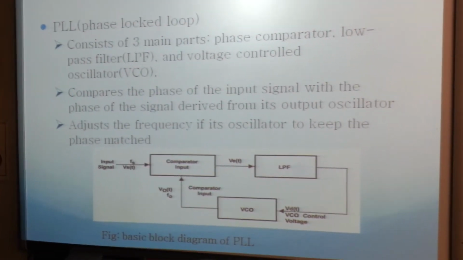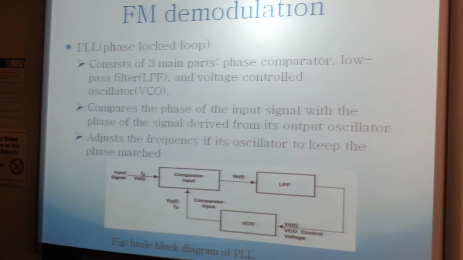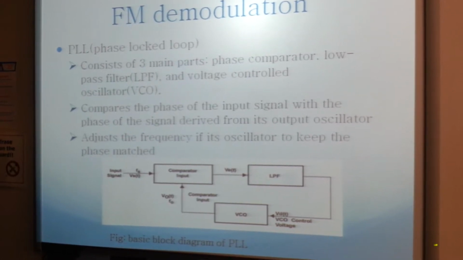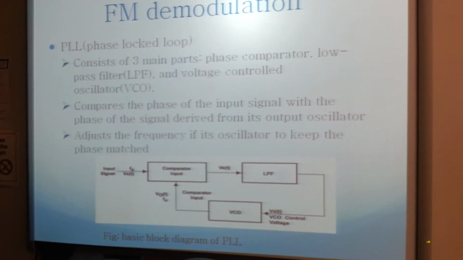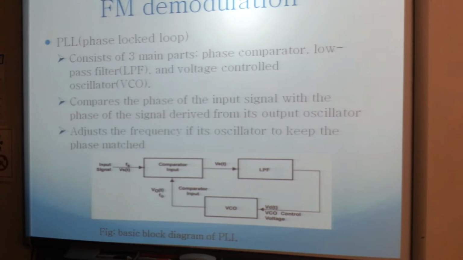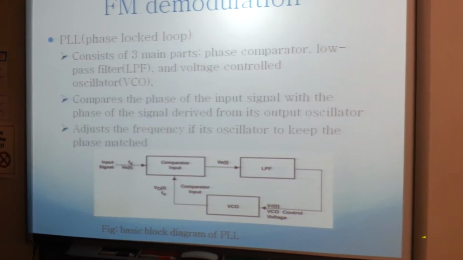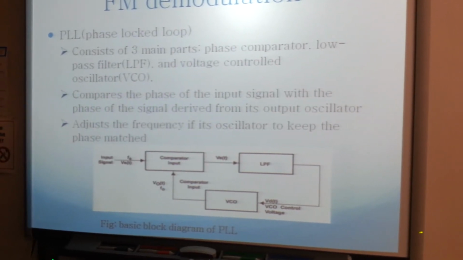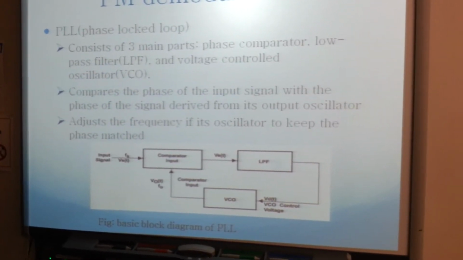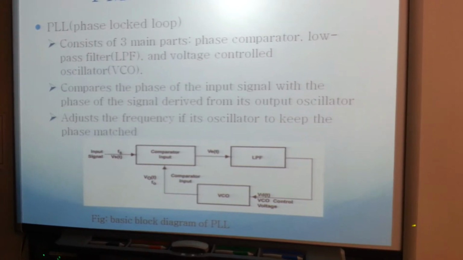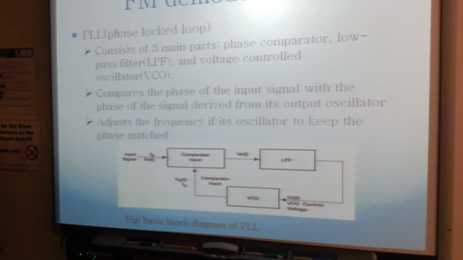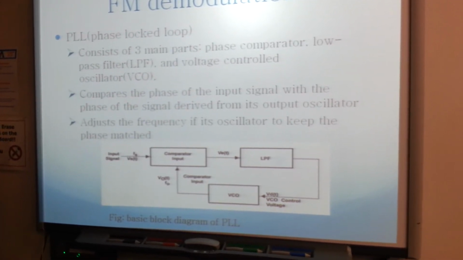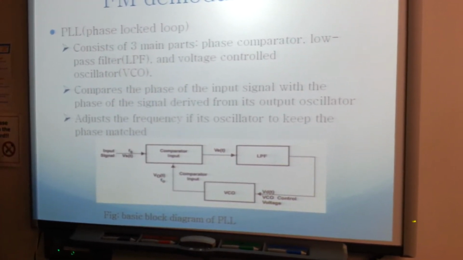The method we chose was PLL, which stands for phase locked loop, and this method consists of three main parts: phase comparator, low pass filter, and voltage controlled oscillator. Basically, the phase comparator compares the phase of the input signal with the phase of the signal derived from the output oscillator.